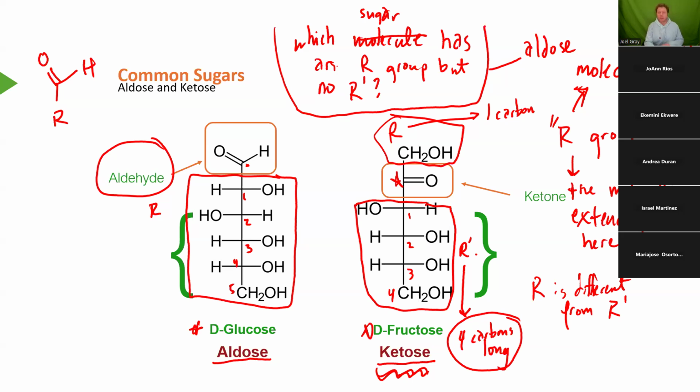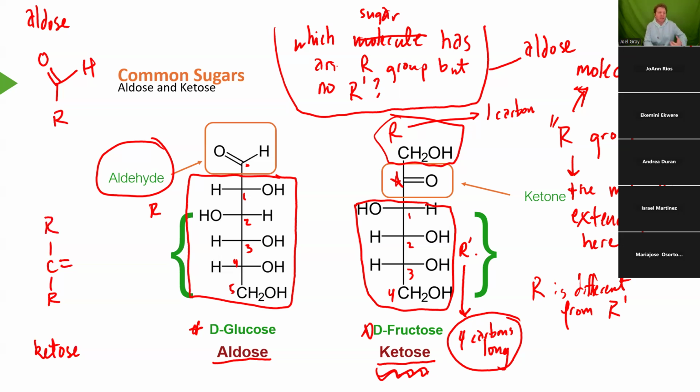How many carbons is it? I don't care. What I care about is that this sugar is an aldose because I have that aldehyde functional group. Now, if I want to talk about ketose, I can write it as this.